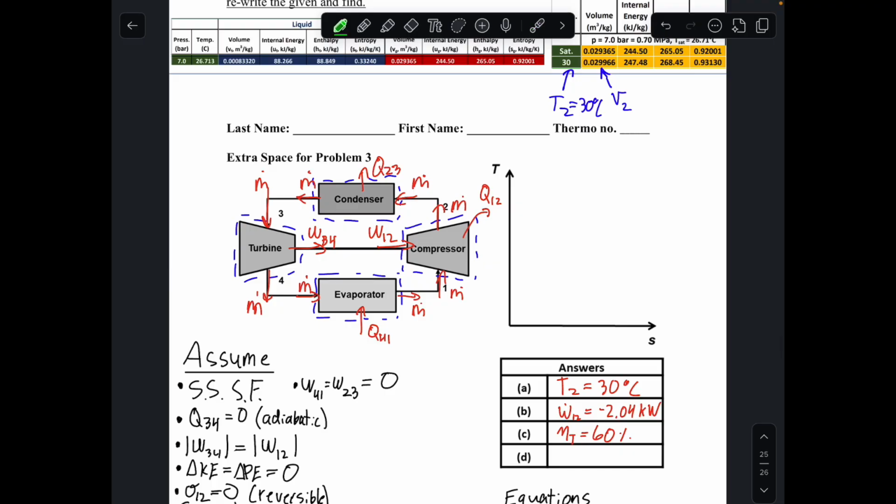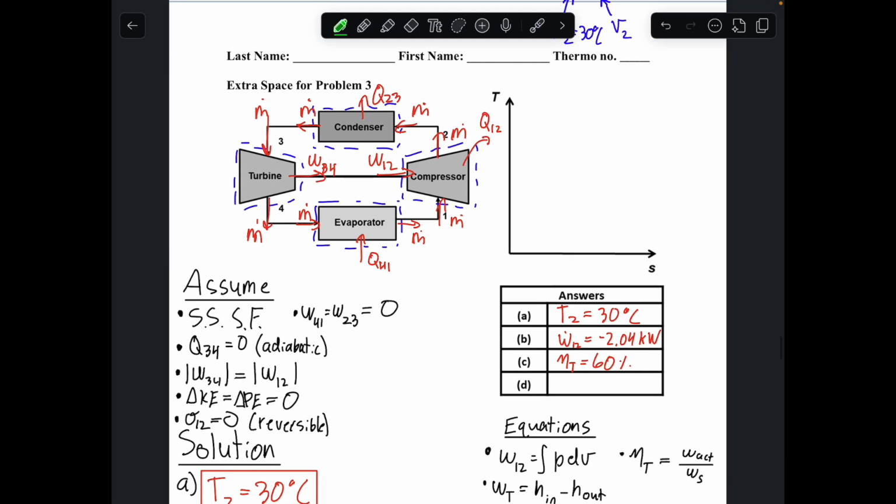And I think it helps to think about the goal of the cycle. So the goal of a refrigeration cycle is to have some sort of low temperature reservoir here that I'm drawing at this low temperature. And this would be like the inside of your refrigerator. And we want to keep this as cold as possible.